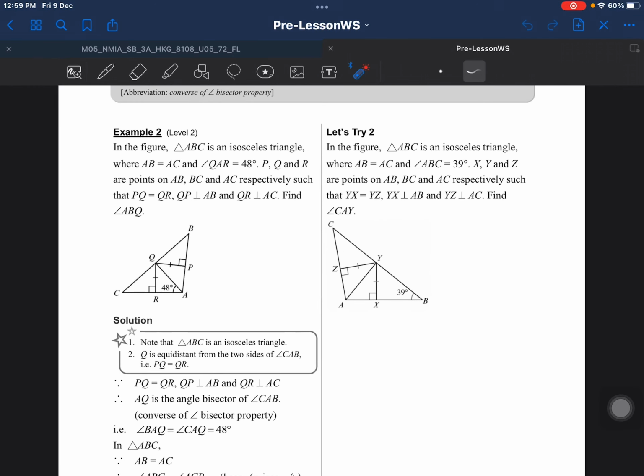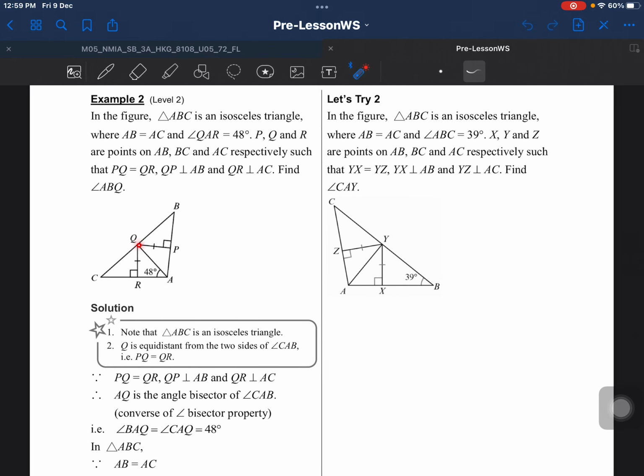Now, if ABC is an isosceles triangle, that means AB equals AC. And then we look at here, we have the two perpendicular distances, right? They are the same. So that means AQ must be the angle bisector of the angle BAC. All right? But the question is asking us to find the angle ABQ.